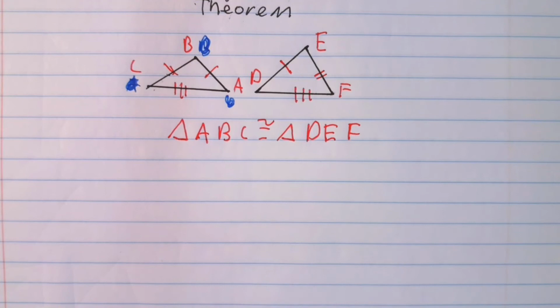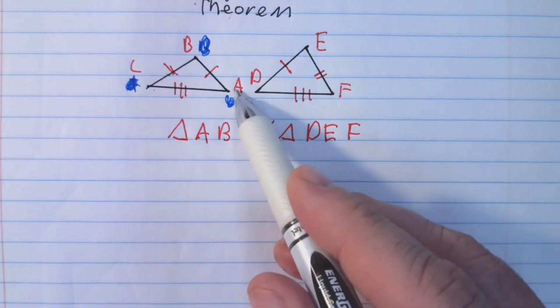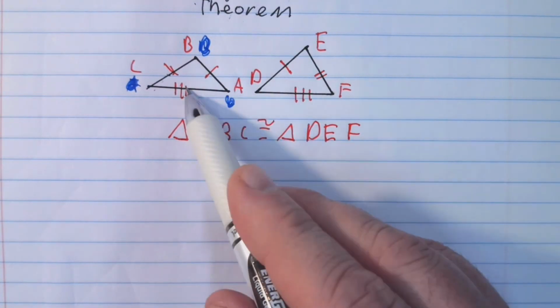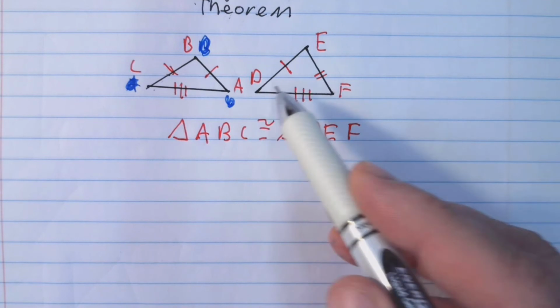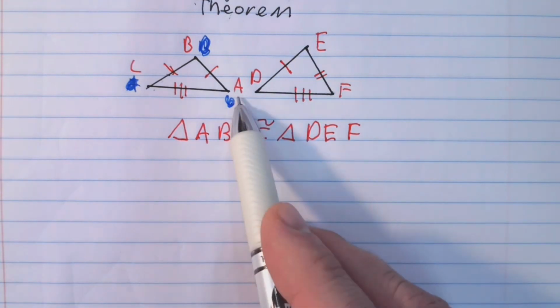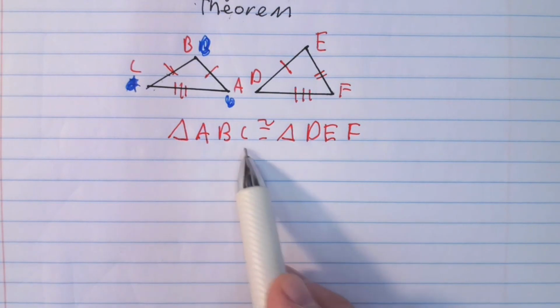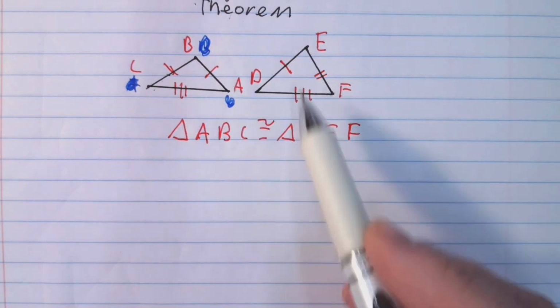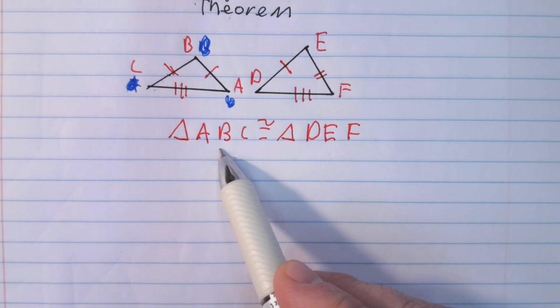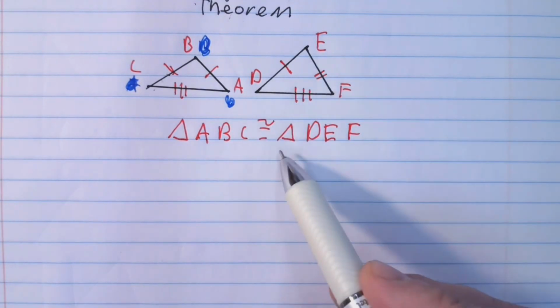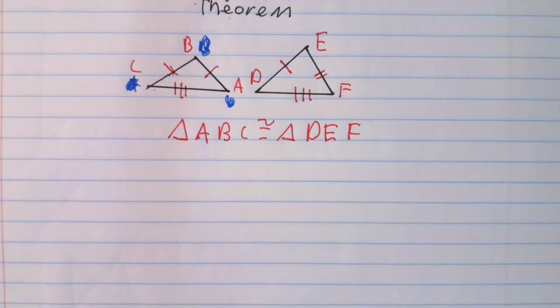Okay, let's see here. A, it's got a 1 and a 2, so A should be D. Actually, I should do it since it's sides. AC is going to go with DF. Let's see, AC, DF. All right, AB is going to go with DE. DE. Okay, we're good. It works.